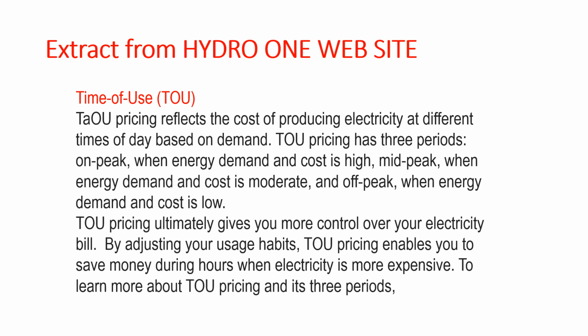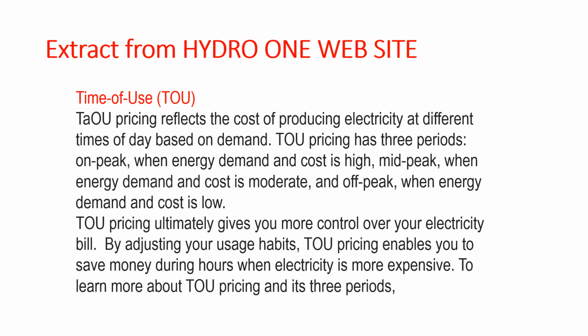The price has three periods: on peak, when energy demand and cost is high; mid peak, when energy demand and cost is moderate; and off peak, when energy demand and cost is low. This chart is also given on your bill.